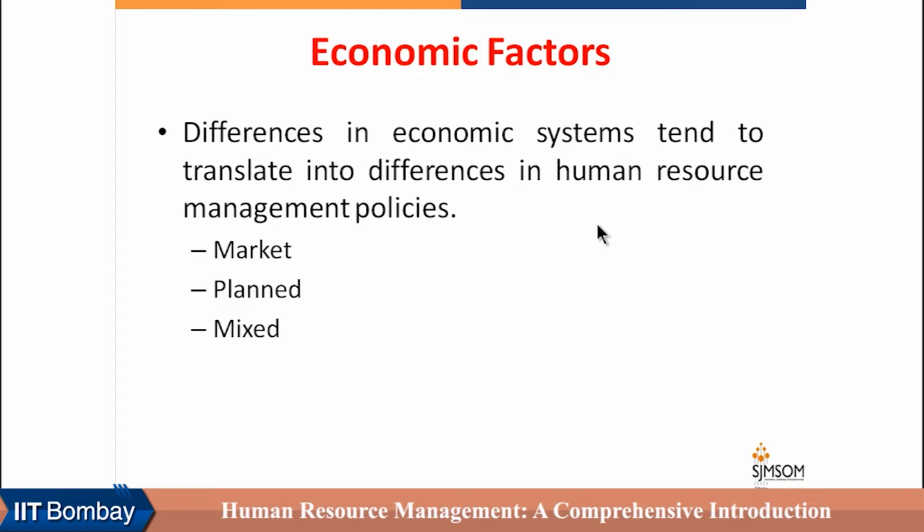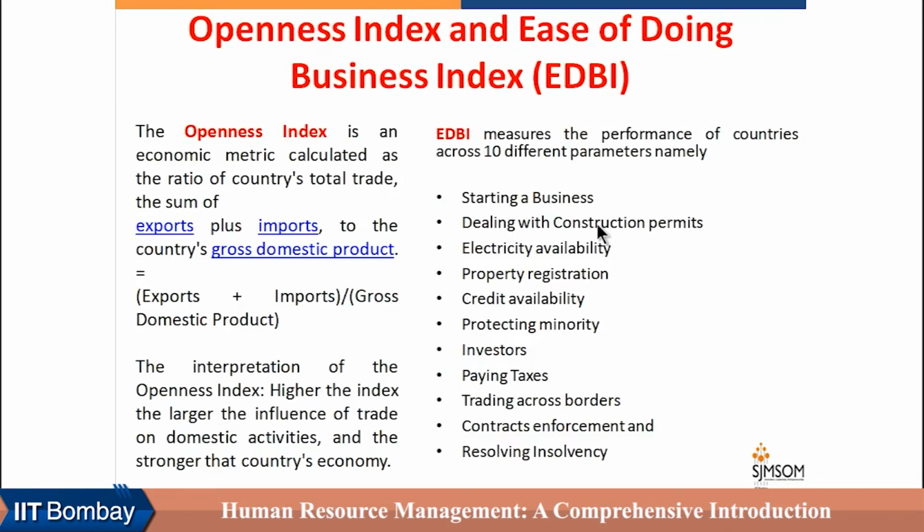I will not be presenting a list of the countries which are more open or closed, but I will be sharing two indicators. Using those two indicators, you can yourself understand which economies are more open and which are less open. One index is called the openness index, and another index we will discuss is the ease of doing business index.